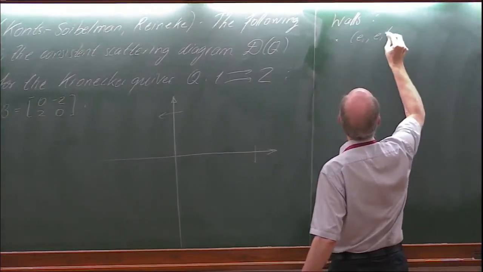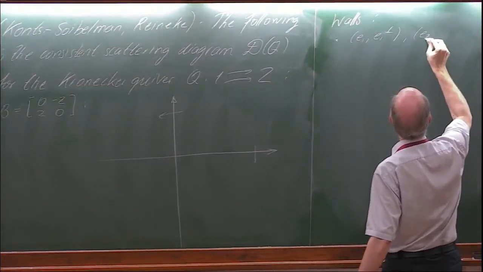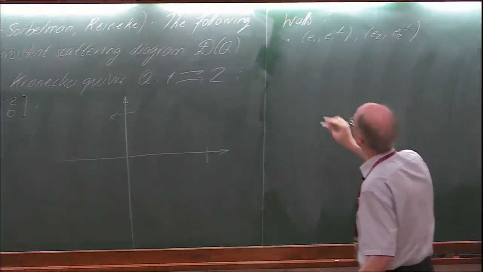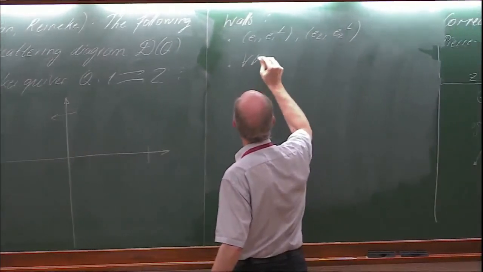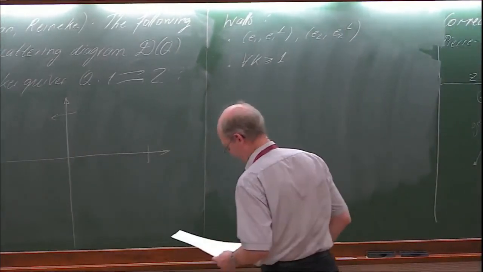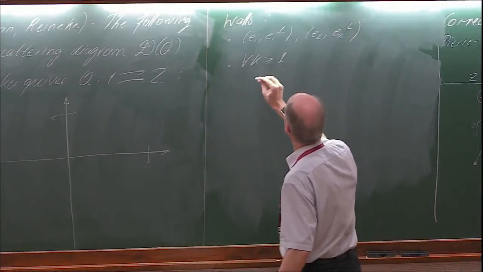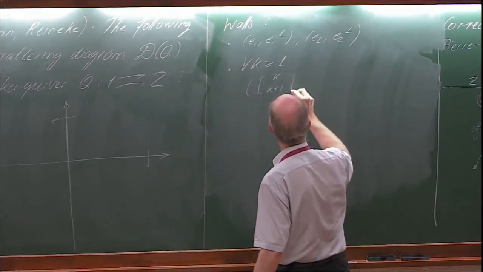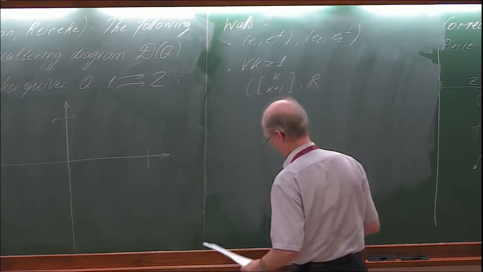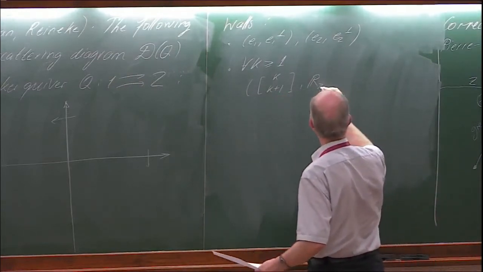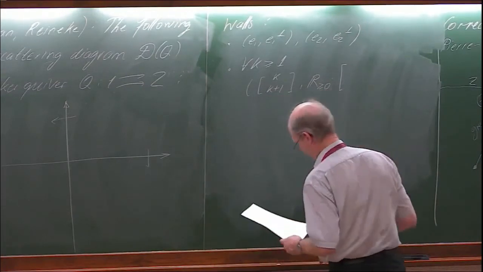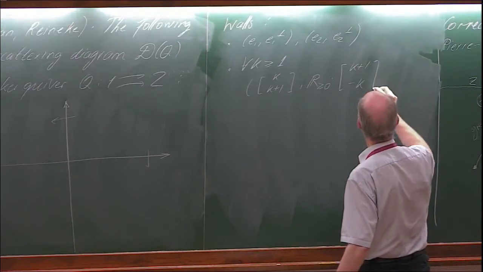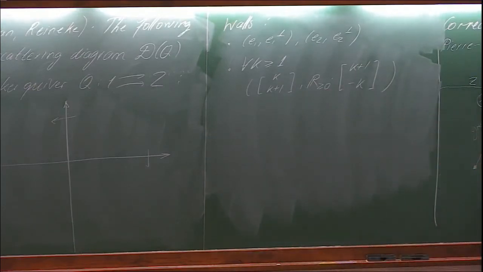E1 orthogonal, E2 orthogonal. Then for each integer k greater or equal to 1, we have a wall k plus 1, k, with a ray.